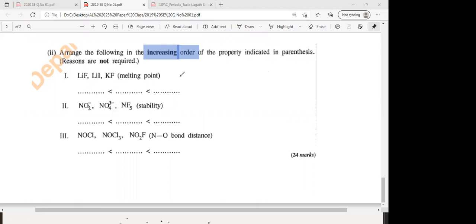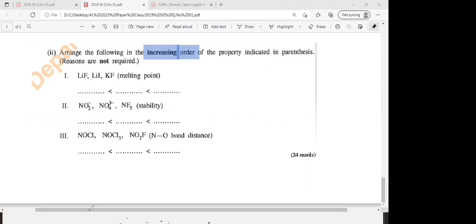So what is the theory behind this? Remember, the melting point depends on the cation and anion, both matter. So when it comes to KF, KF has the highest.